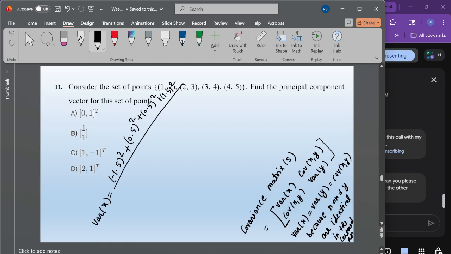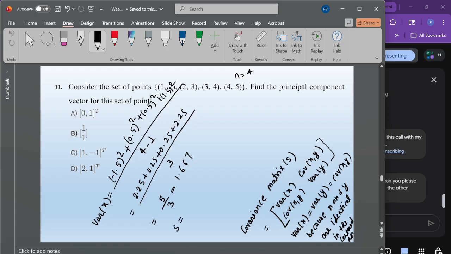The total number of data points is 4, so n is equal to 4, and here 4 minus 1. If you take the squares, you will get 2.25 plus 0.25 plus 0.25 plus 2.25, divided by 3. If you add, you will get 5 by 3, that is 1.667.